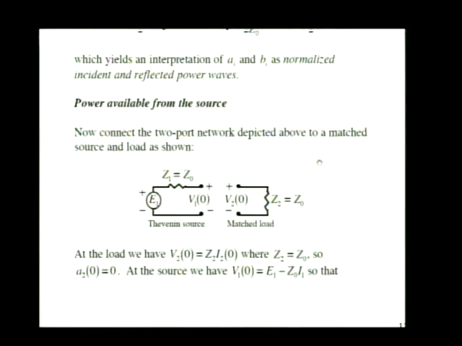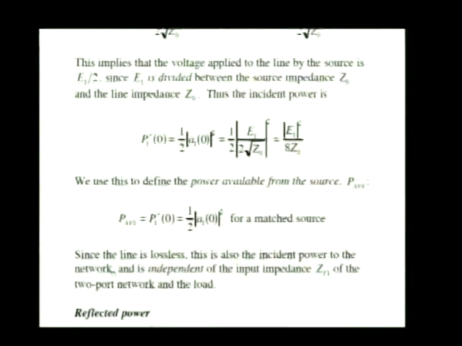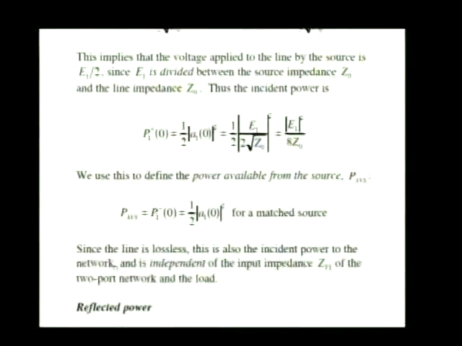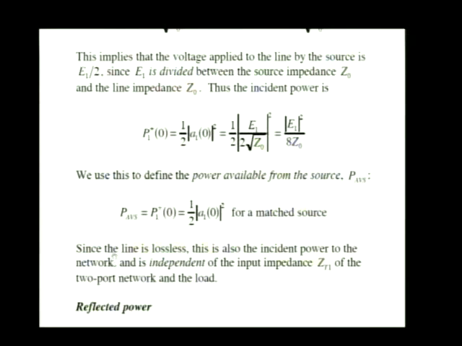Let's see, what else did we find out? We found out that the incident power, that is to say the power incident on the port where the source is connected, can also be written in terms of the magnitude of the voltage supplied by the voltage source, that's E1, in the following way: as magnitude of E1 squared divided by 8Z0.